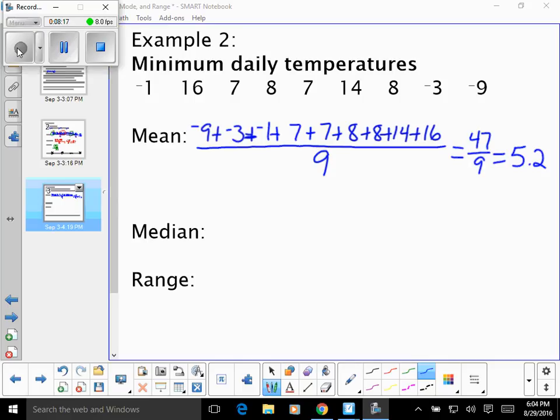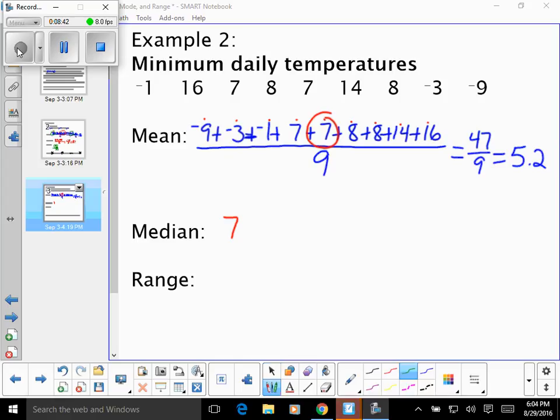The median. Well, we're pretty fortunate on this problem because we actually have an odd number. 1, 2, 3, 4, 5. And then from this side, 1, 2, 3, 4, 5. So this time we don't have to show any work, and we can just put down our median as being 7.